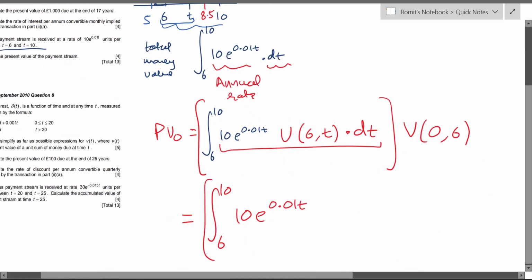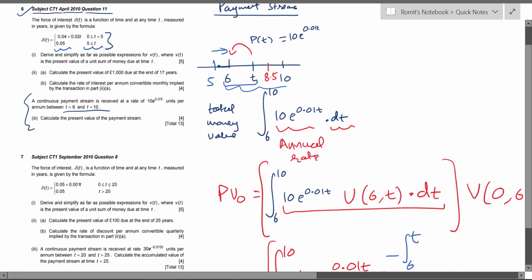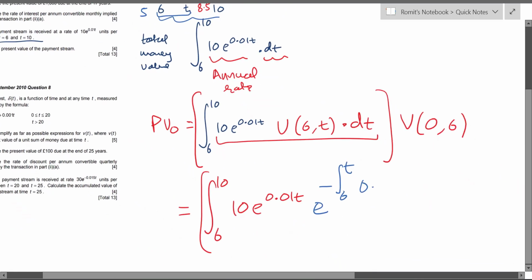So this will become e to the power of negative integral from, where am I discounting from? 6 to t, right? This is the region. And what is the force of interest? It's 0.05. Then you have a ds, because there is a t in the limit, so I'll have to write it in terms of s.